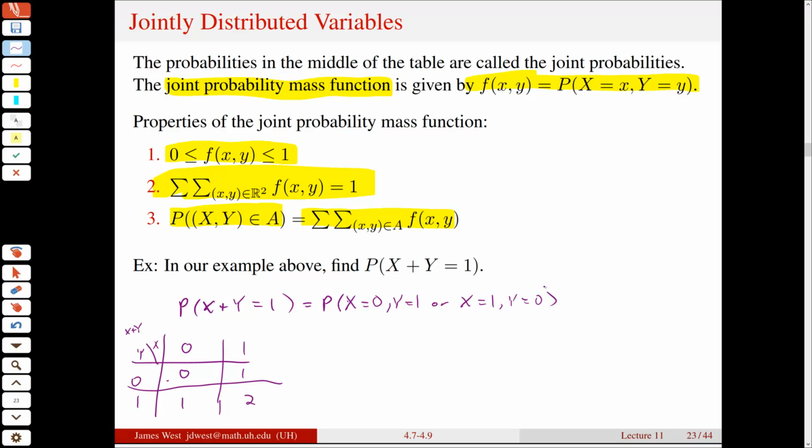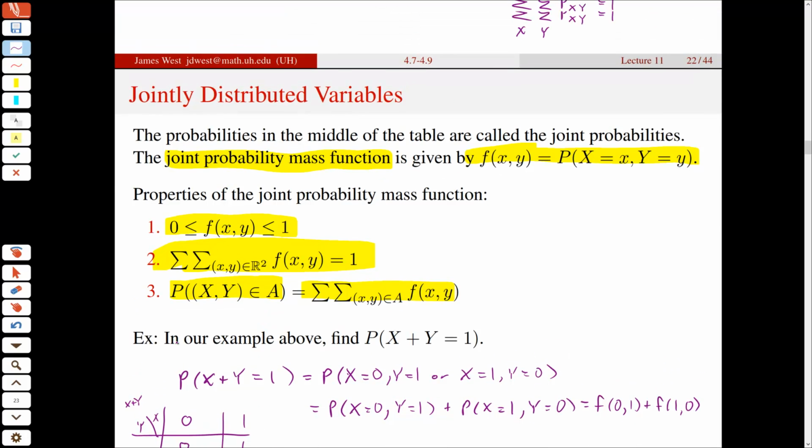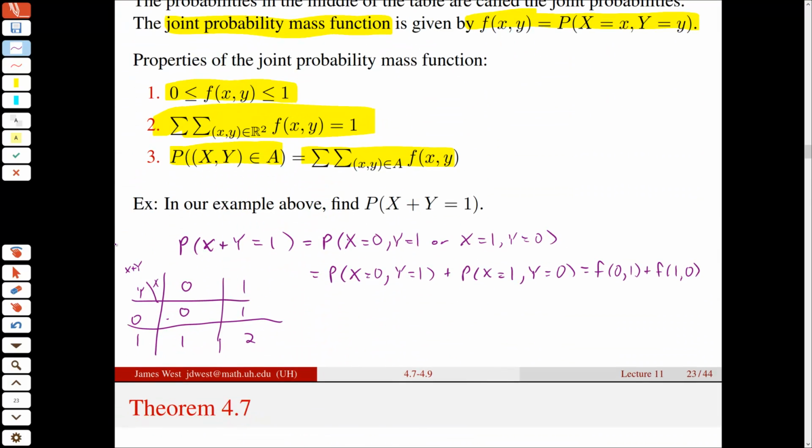Since these are disjoint events, we can add their probabilities together. Or in terms of the joint mass function, this would be f01 plus f10. Looking at our table above, the probabilities of each of those is 1/6, thus giving us an overall probability of 1/3.